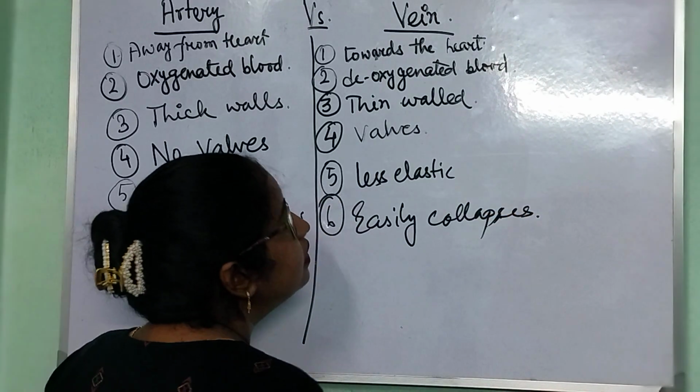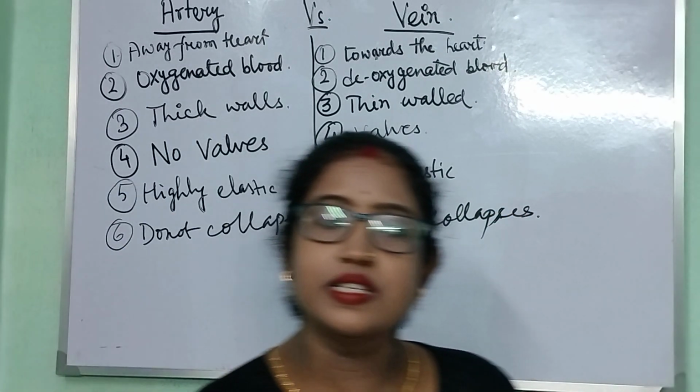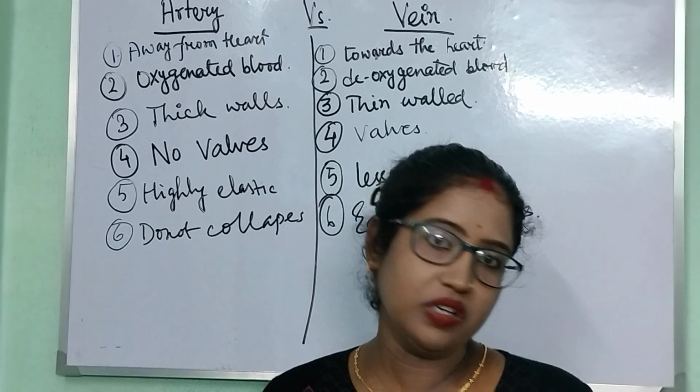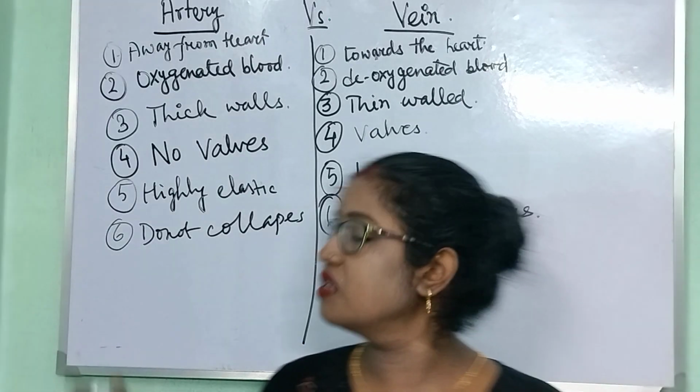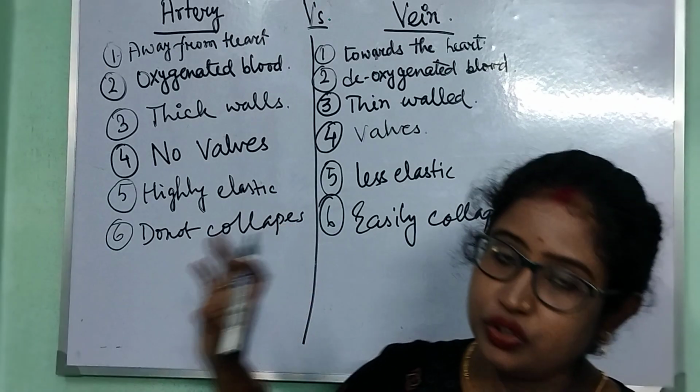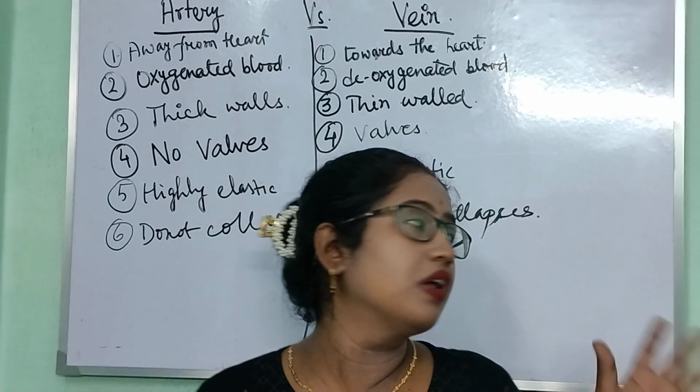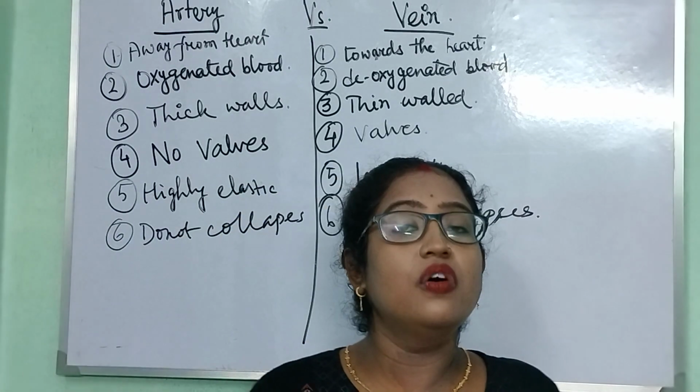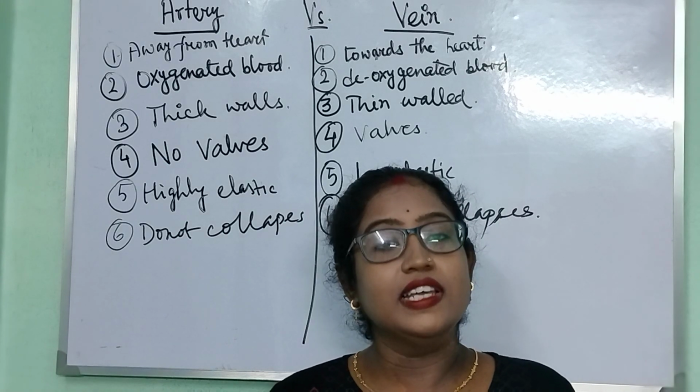So when the blood vessel is empty, either the artery or the vein, the arteries do not collapse very easily, whereas the veins collapse very easily.